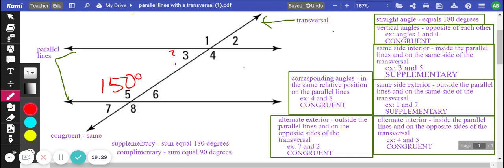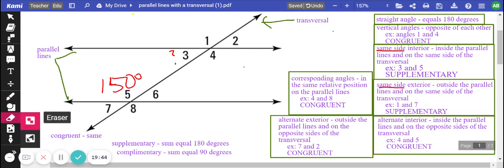Okay, well, I know they're on the same side, right? So it could either be interior or exterior. Well, they're both on the inside of the parallel lines. So then our answer must be same side interior angles.